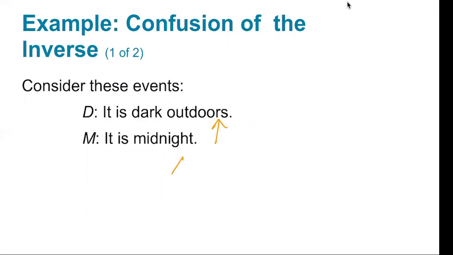Well, think of Alaska, midnight sun, where it is light at midnight, so that's not always true. That's just the confusion of the inverse, assuming that one implies that the other one is always true, going both ways. And that's this section.